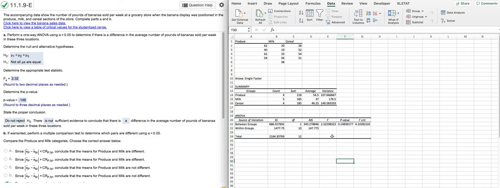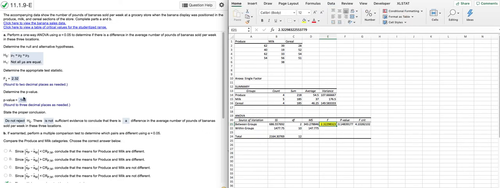We get an F statistic of 2.32, which matches the answer in the system here, and a p-value of 0.148, which also matches what we have in the answer field. So we're good there. We also have the F critical value if we needed to interpret that.